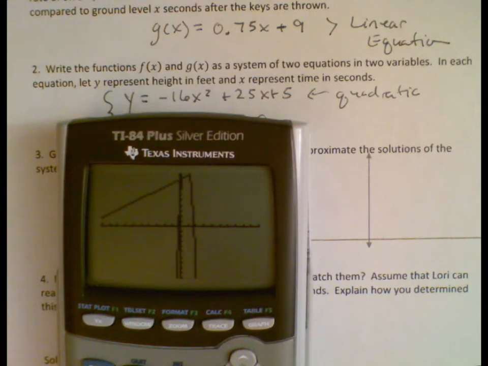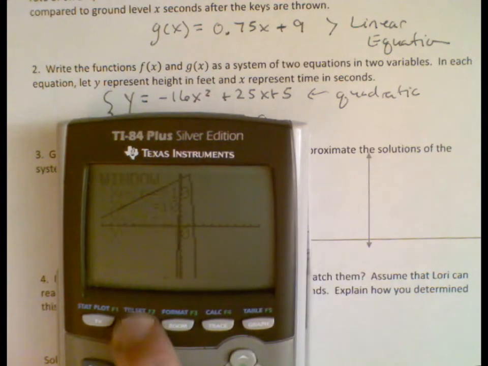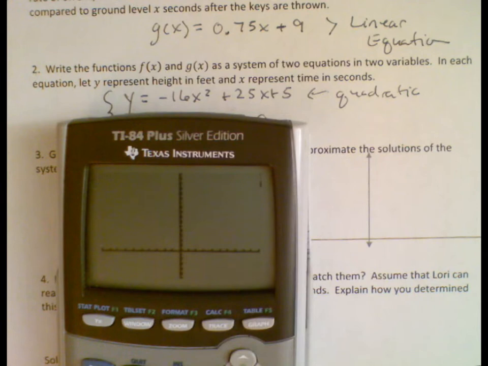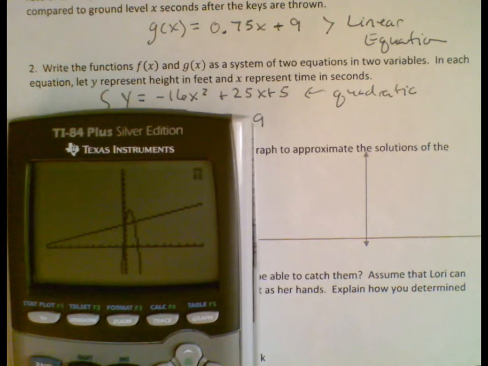So it looks like I need to see a little bit more of the top of my graph, so I'm going to go to my window, and I'm going to change my y max to maybe 30. Let's give it a shot and take a look at it. Oh, that's plenty. Okay, now if you want to generate some points to help us plot it, I'm going to go second graph, and that takes me to my table.